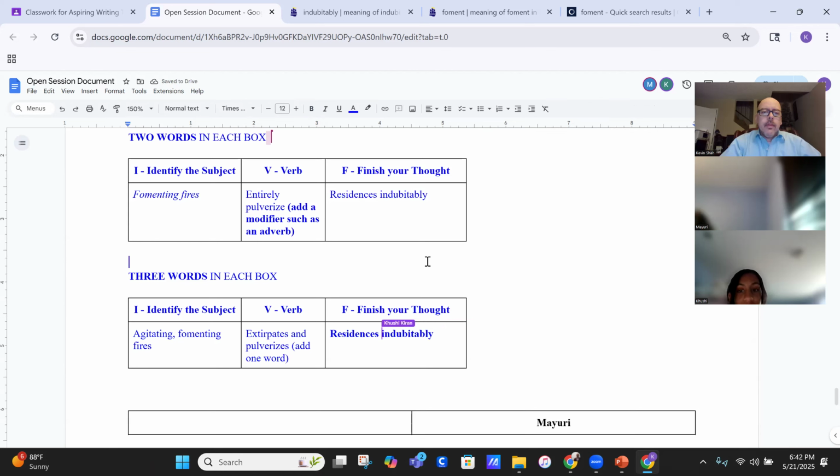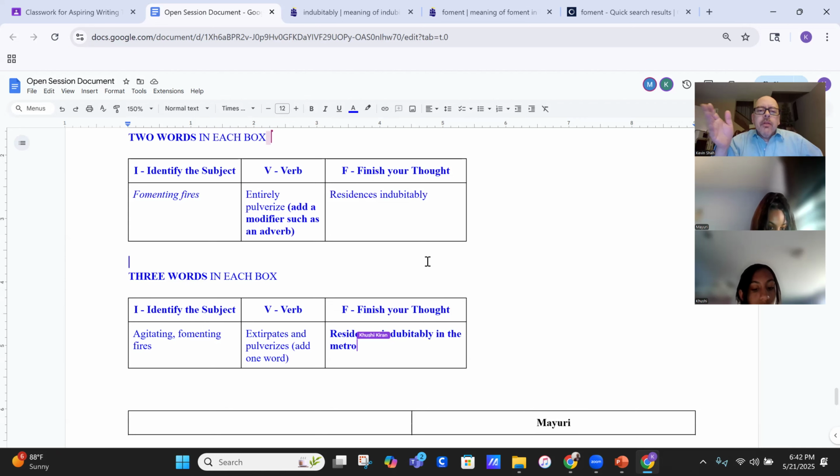Wait, residence indubitably, I can say residences. Okay, where are these residences? Are they in the country, the city, the suburbs? In Chicago, Illinois, like in the metropolitan city, I could say.